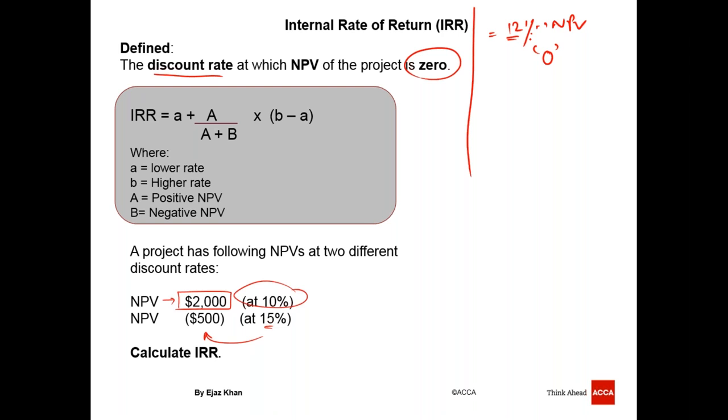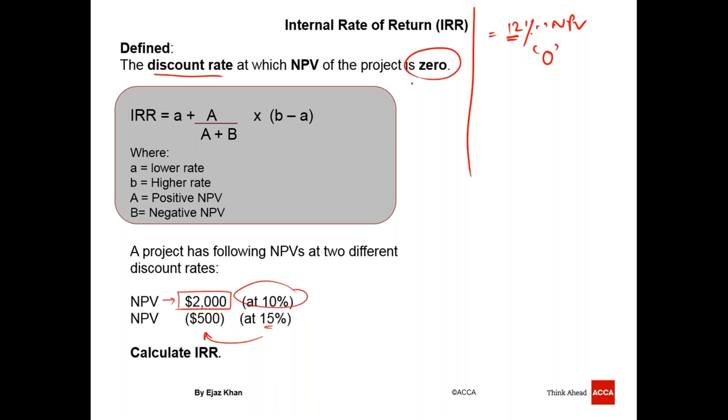Say, for example, if the cost of capital of the company is 14%, this company should not accept this project because it will not save anything at 12%, and at 14% it will be at a loss even. So if we are able to find out the rate at which NPV will be 0, it will help us to decide whether a project should be accepted or rejected.